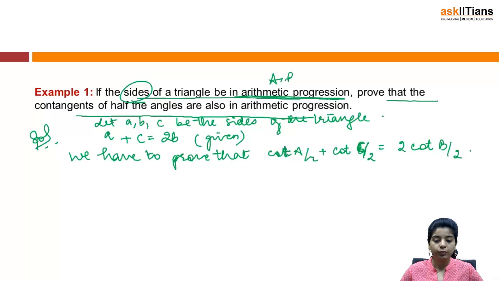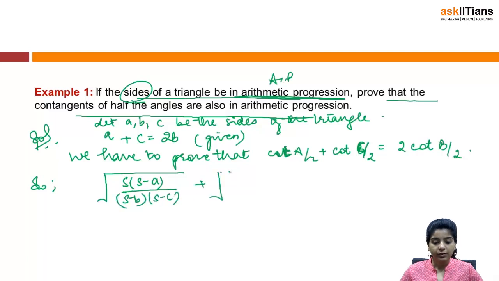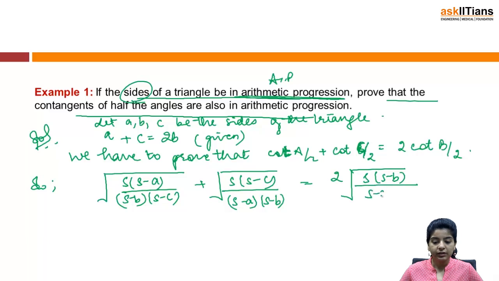This is what we are required to prove, and so under root s(s minus a) by (s minus b)(s minus c) plus the corresponding term with c is equal to 2 times the term with b. This becomes this. This is what we are required to prove.